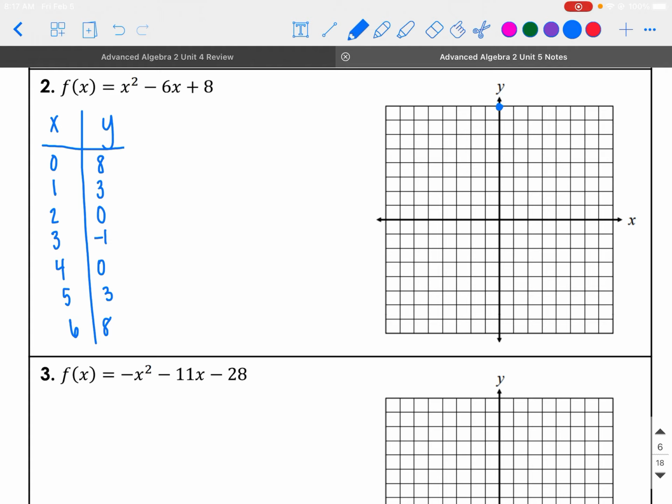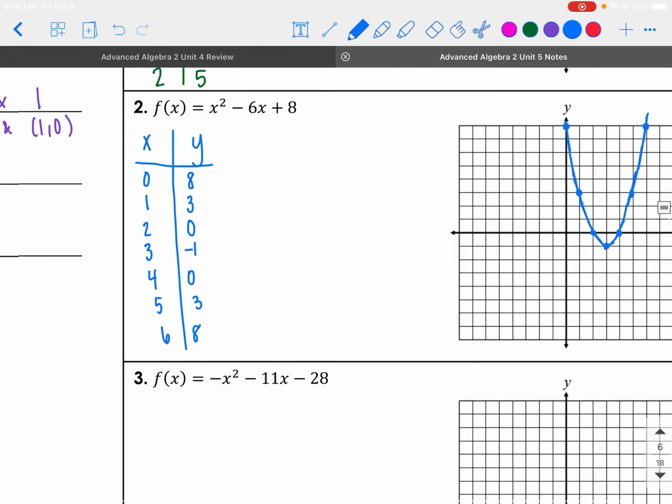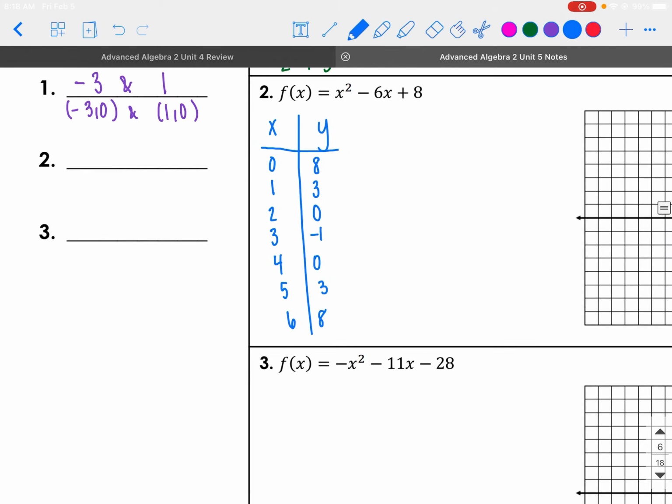Now we plot those points: 0, 8; 1, 3; 2, 0; 3, negative 1; 4, 0; 5, 3; and 6, 8. And our solutions are 2 and 4.